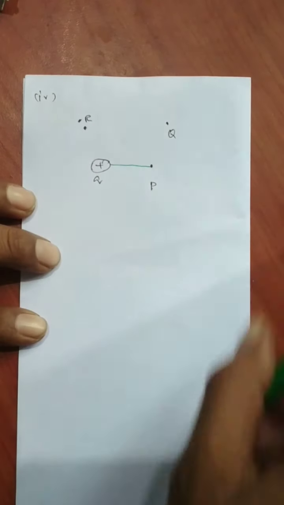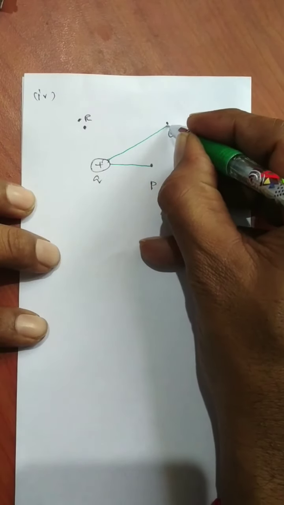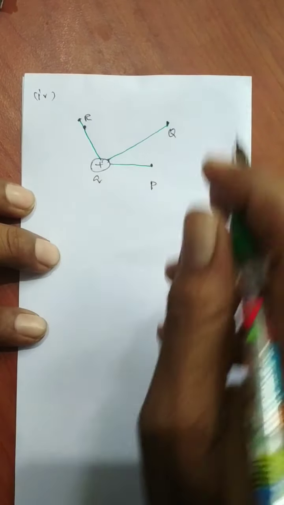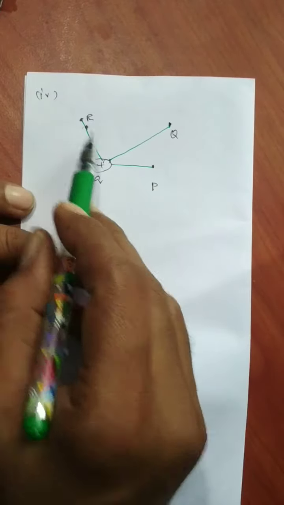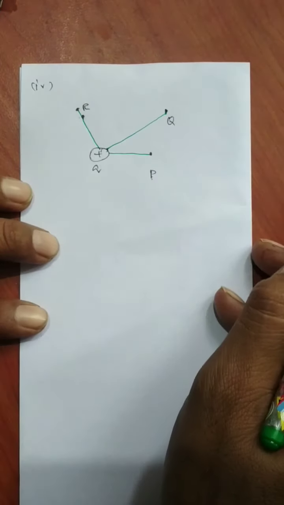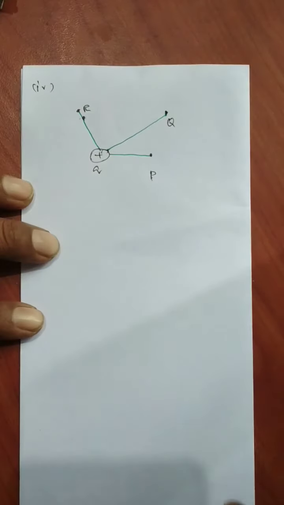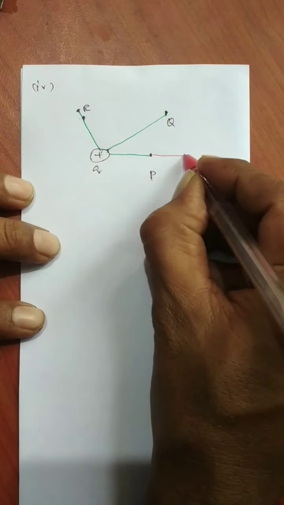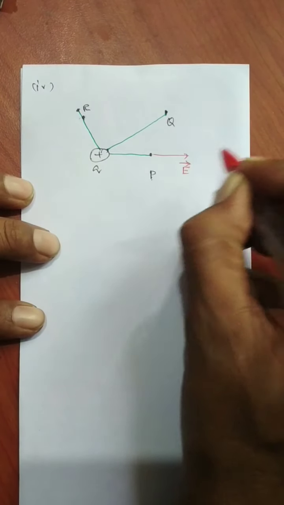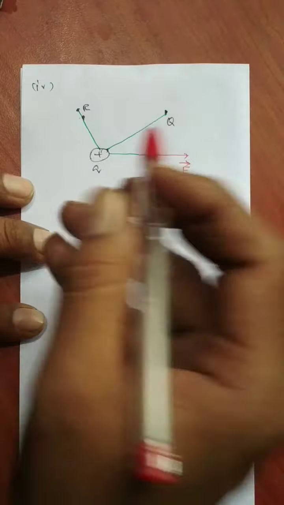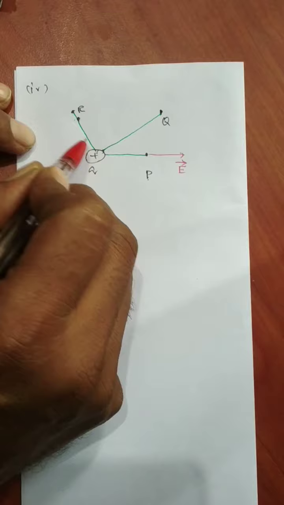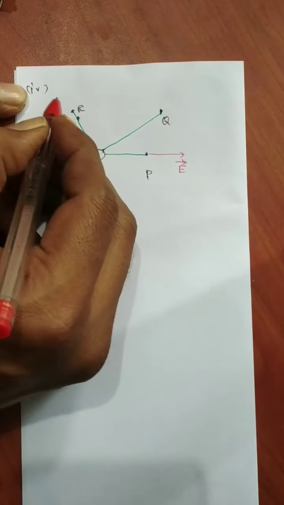So the electric field acting here is, at this little bit higher distance, greater than that of P but lesser than that of Q. So according to the distance, the electric field also changes. Here, very near to the positive charge, the electric field vector has a higher length. R is a little bit farther than P but nearer than Q, so the electric field will have this much.